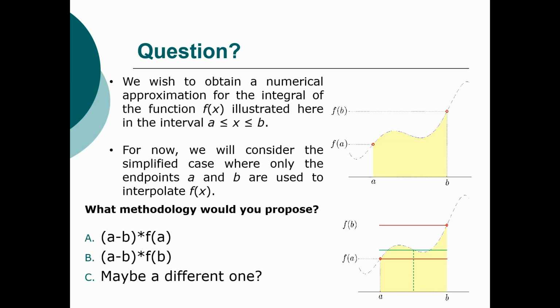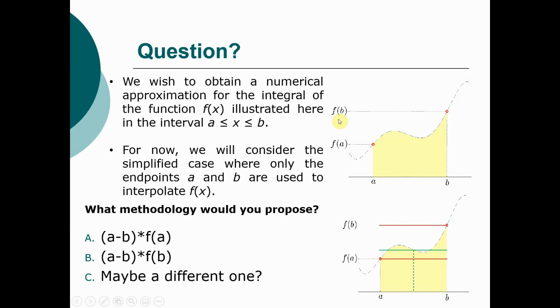Okay, so one easy approximation method that we can have would be approximating our function with a constant function. It means a horizontal line, where f of x is a constant, right? There are different methods for doing it.